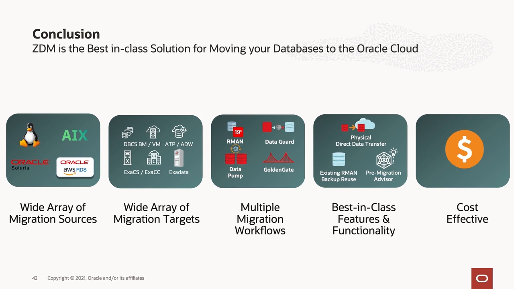We can migrate databases 11.2.0.4, 12.1, 12.2, 18, and 19c. You can also have a wide array of migration targets, so you can migrate your databases to Database Cloud Service, bare metal, virtual machines, Autonomous Database, both transaction processing and data warehouse, both shared and dedicated, Exadata Cloud Service, Exadata Cloud@Customer, and of course, the Exadata Database Machine on premises.